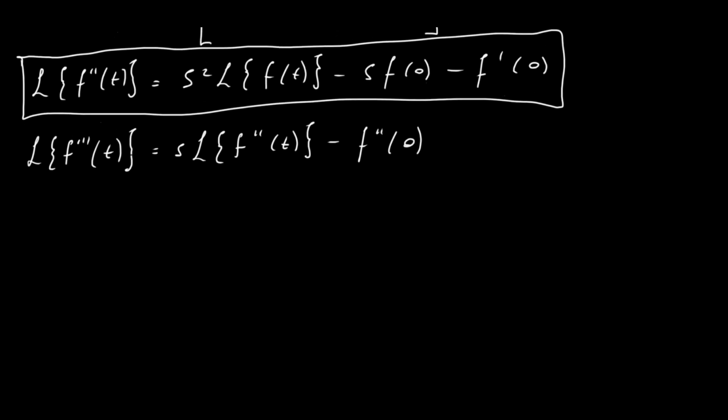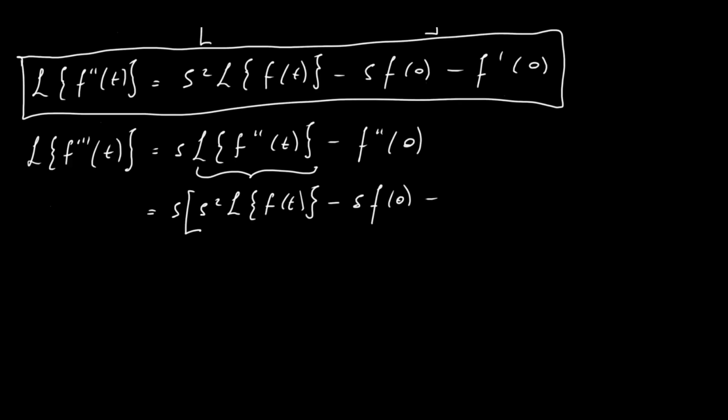Okay, so let's just do this here. That's equal to s times the Laplace transform of f double prime t. So that's what we've just done here. So let's put that in. So it's s times s squared times the Laplace transform of f of t minus s f of 0 minus f prime of 0, and then this here out at the end, minus f double prime 0.